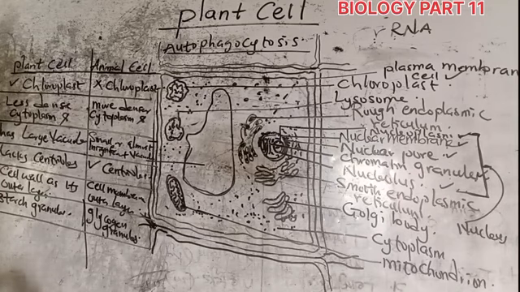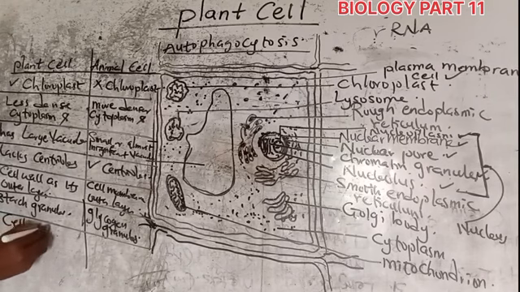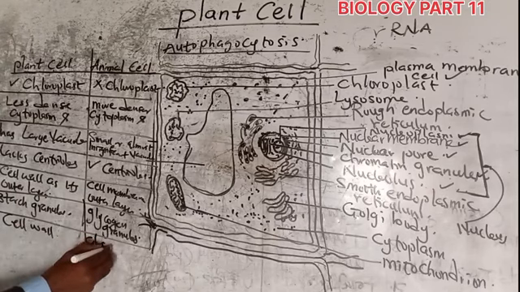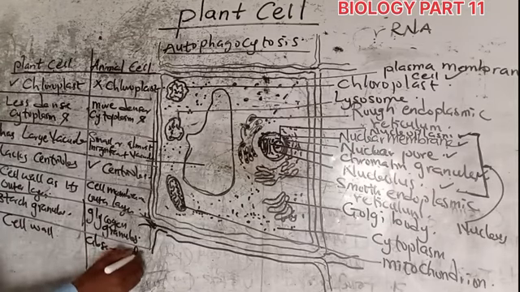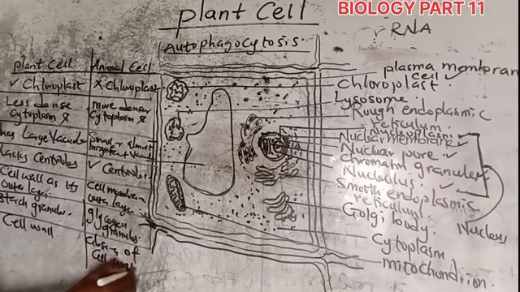Six differences. Is there any more we want to add? So chloroplast, maybe number seven, is still a difference. Presence of cell wall, absence of cell wall. There are so many differences, so let's just leave it at seven.